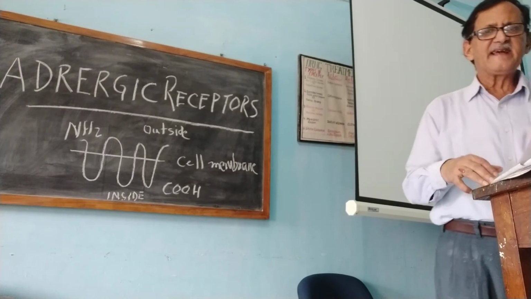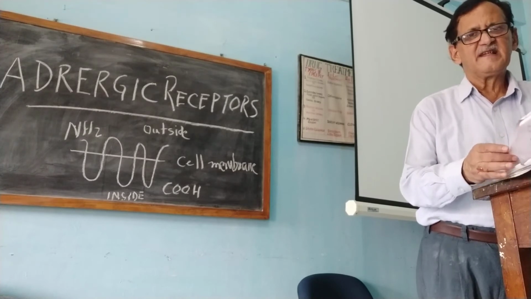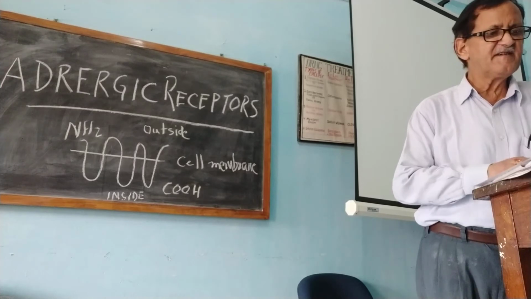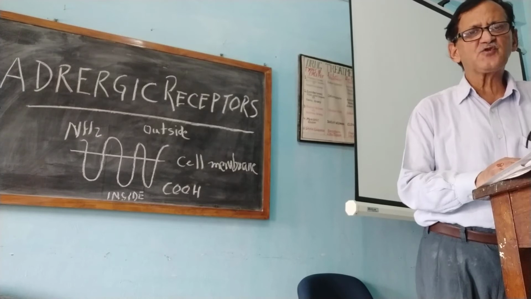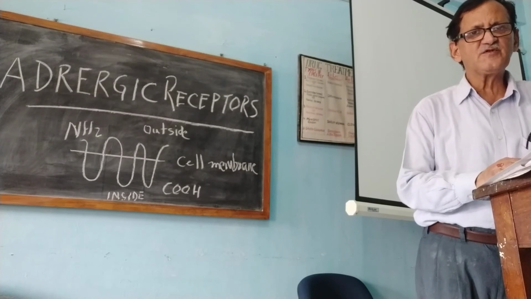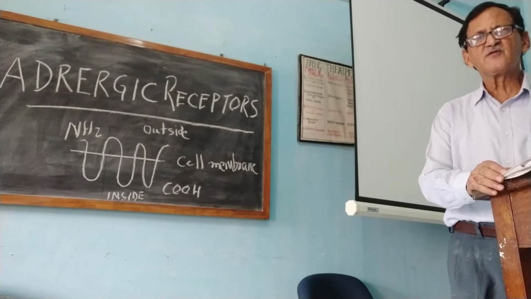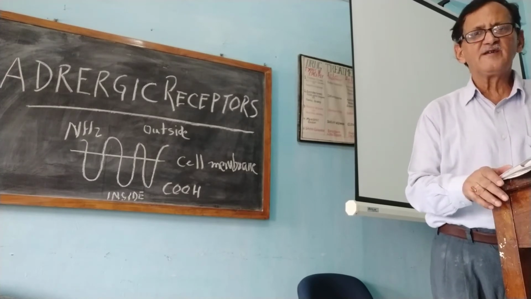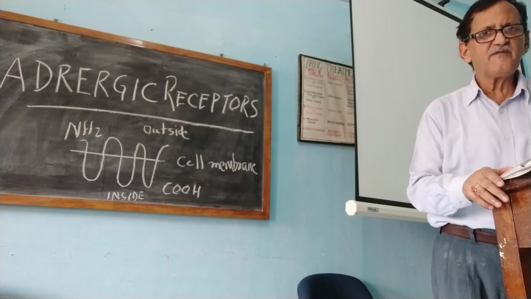And the next effect is increase in viscid salivation. Salivation will be increased but it will be viscid. There will be a spasm of gastrointestinal tract and urinary bladder sphincters. So sphincters are closed. You are in a situation where they should remain closed because you are fighting with someone or you are under fight or flight.